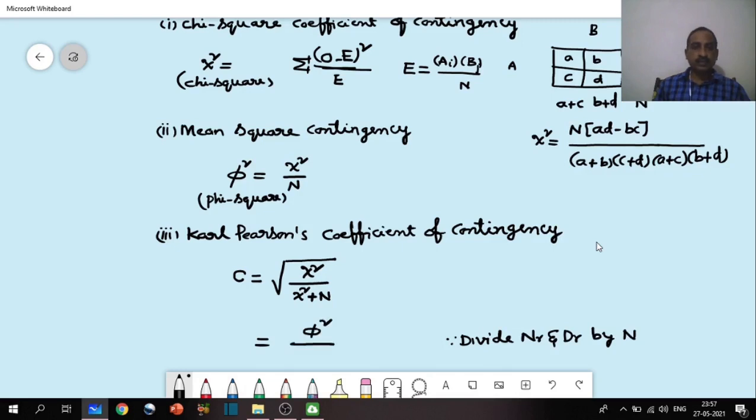This is Karl Pearson's coefficient of contingency.